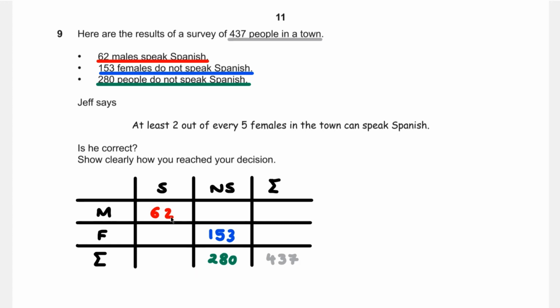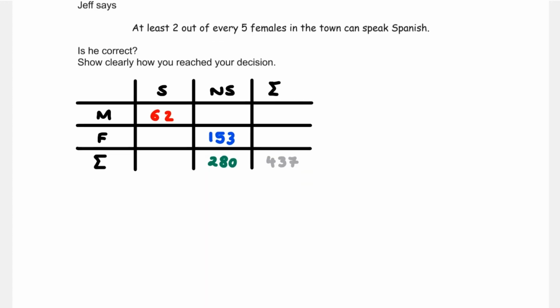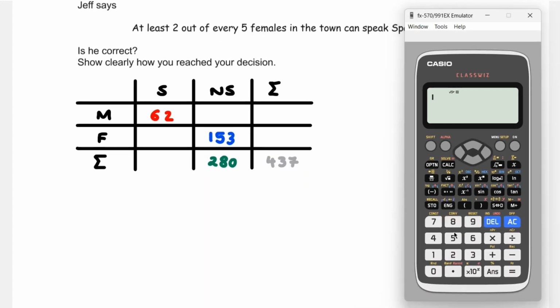So what we need to do is find out the missing values. So if I do 280 subtract 153, that's 127. So we've got 127 males who do not speak Spanish.